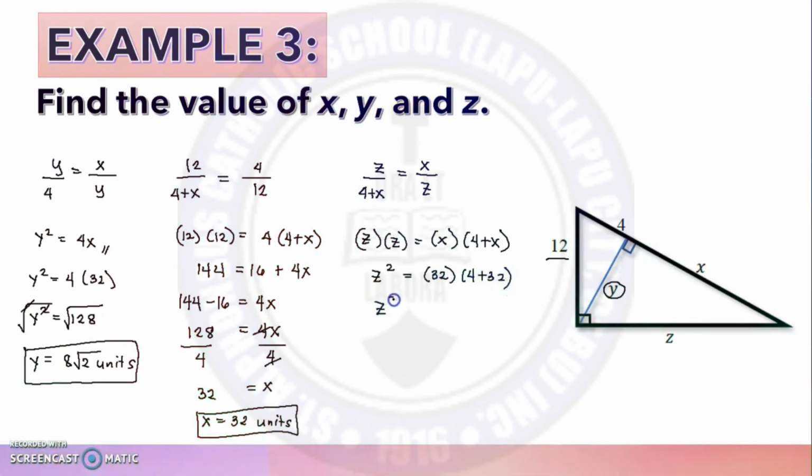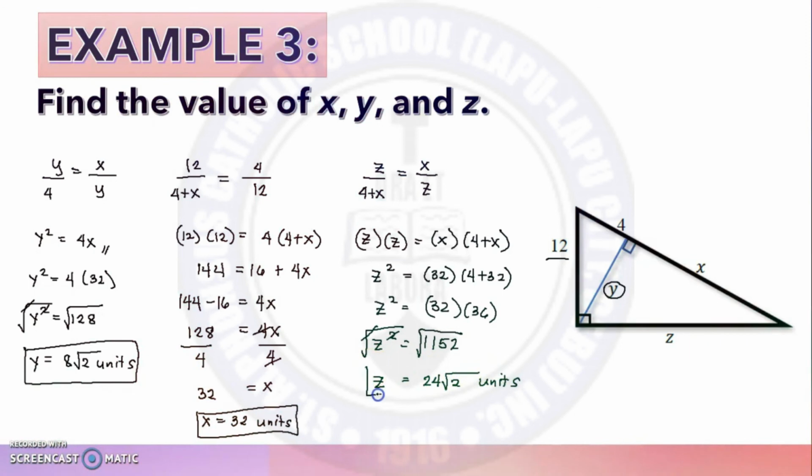Simplifying it further, class, it will become 32 times 36. 32 times 36, that is 1,152. And we need to extract the square since we're just looking for the value of z, not z squared. So therefore, we can now cancel the square here, and it will become z equals square root of 1152, that is 24 square root of 2 units.